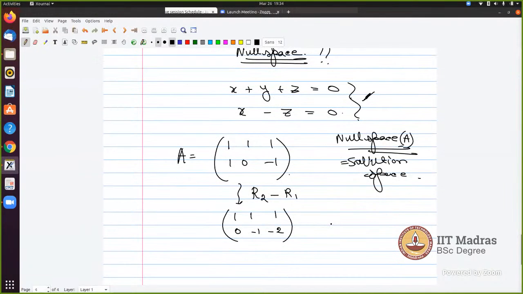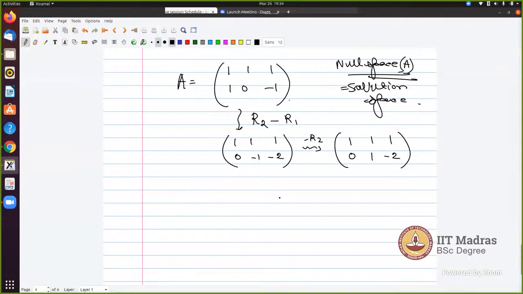So this is the row reduced echelon form, right? And I can substitute this as minus R2. Then I will get 1 1 1, 0 1 minus 2.